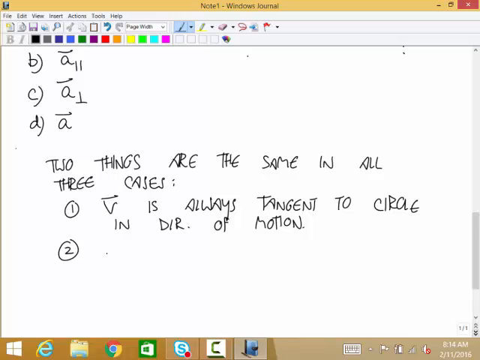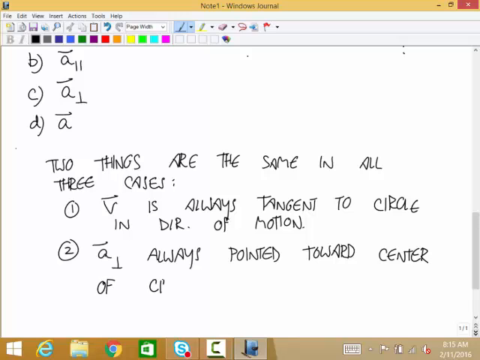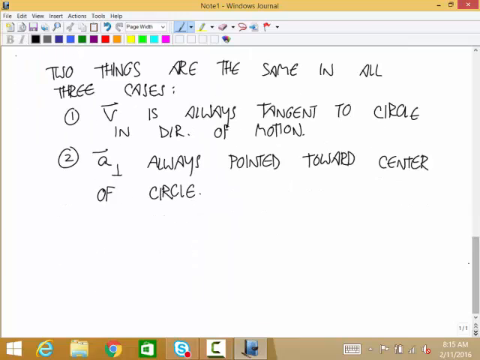You can think of this as the thing that makes motion circular.